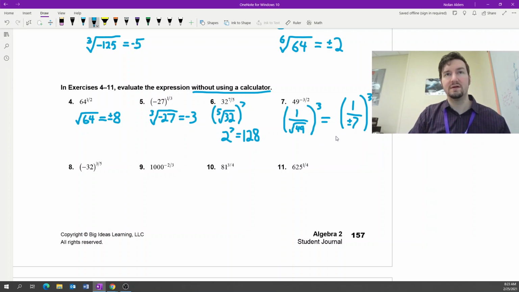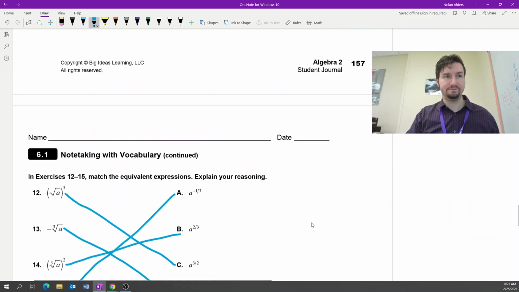So the overall answer is 1 over 343. And of course this is plus or minus. So there you go. So just remember, if you have a negative exponent, it's going to invert the number to where it's all under 1.